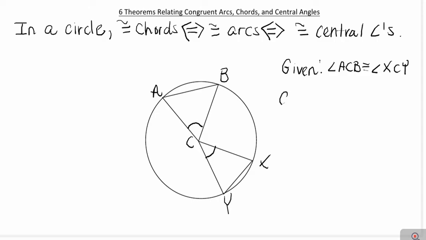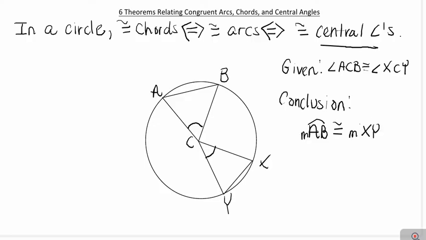Now the conclusion that we can make, there are 2 conclusions that we can make. So I said if you have congruent central angles, then you would also have congruent arcs. So we can conclude that the measure of arc AB is congruent to the measure of arc XY.